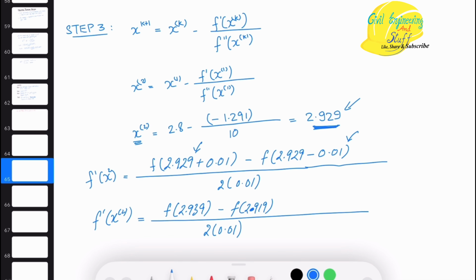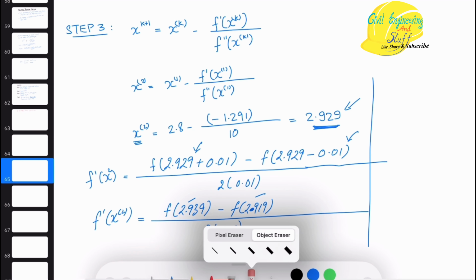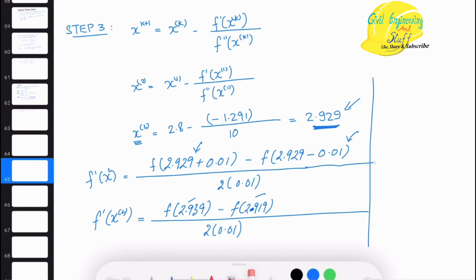Let's first find these values. I will put a line here and find them here. F of 2.939, try to solve it yourself.